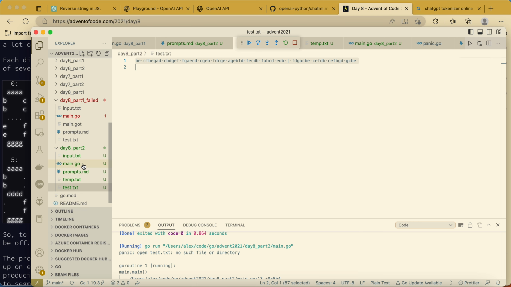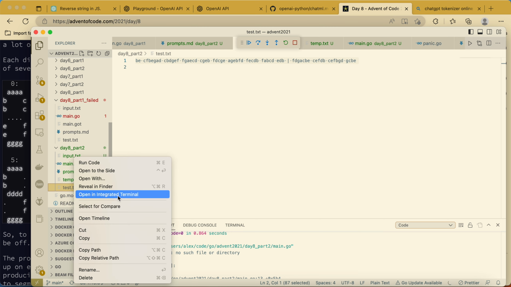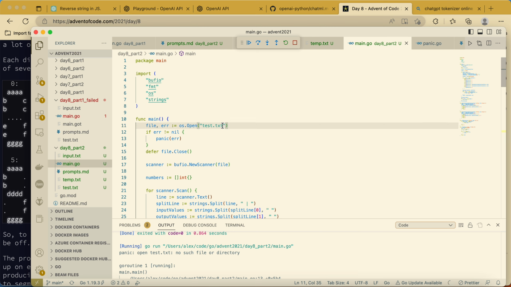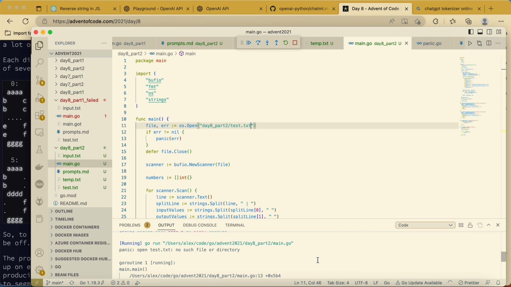No, I will keep this test, but I wanted in the test file to get the relative path to the file. Okay, now when we run the file, I'm getting 0.